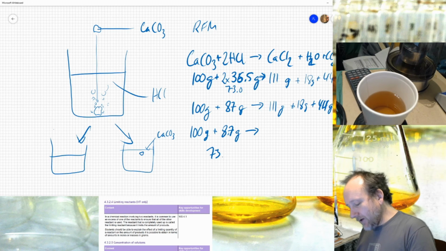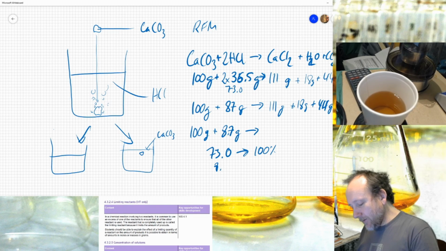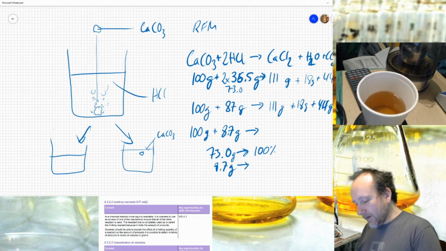If 73 is 100% yield, and yield is just another way of saying outcome, how chemists say what my return is, then how much am I getting for 8.7 grams?